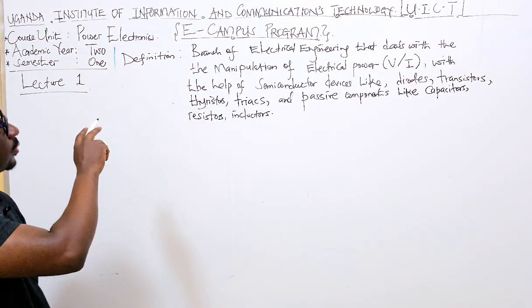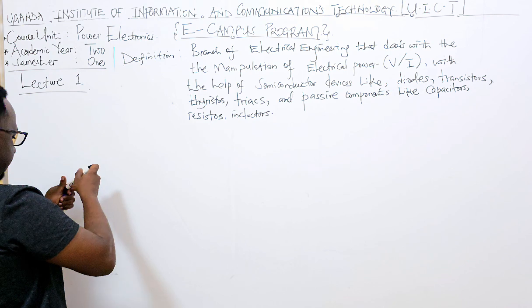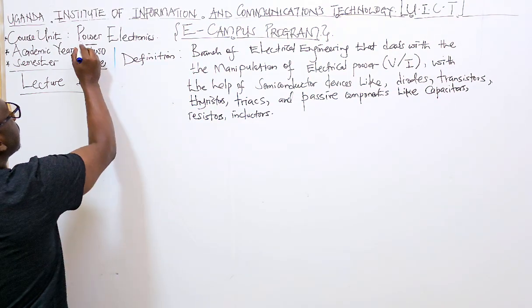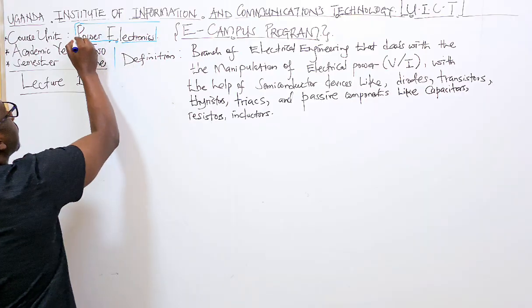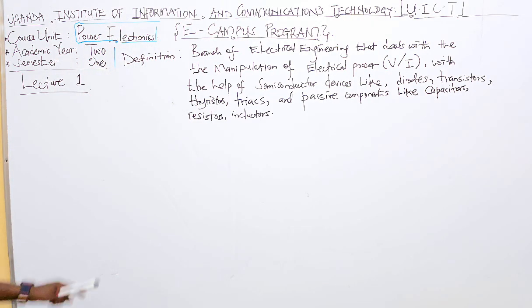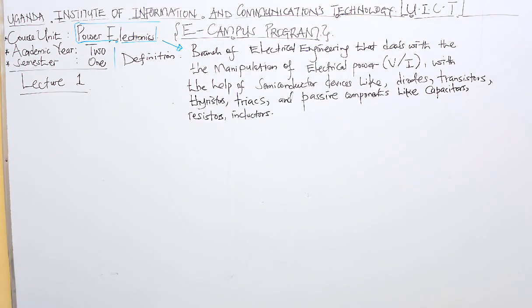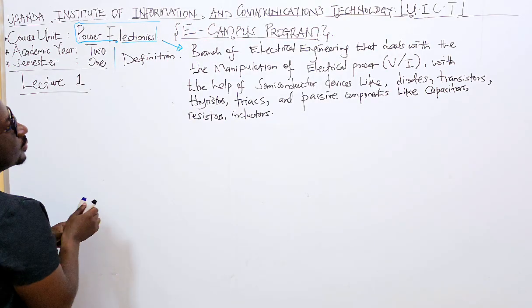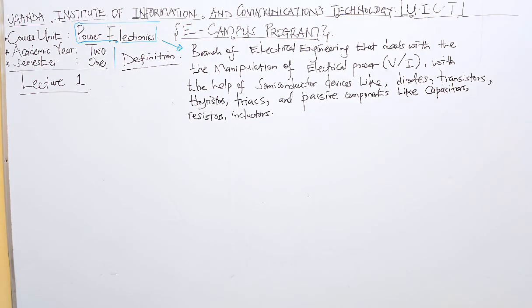So power electronics is a branch of electrical engineering that deals with the manipulation. Mark the word.